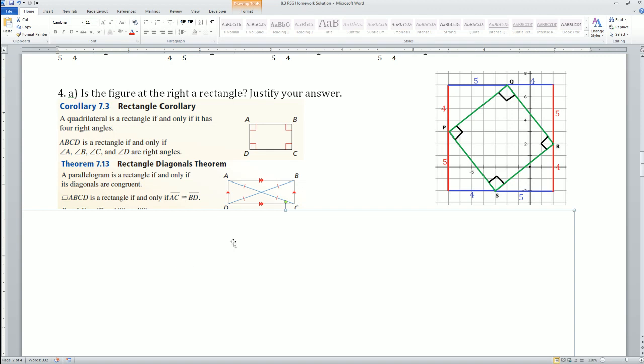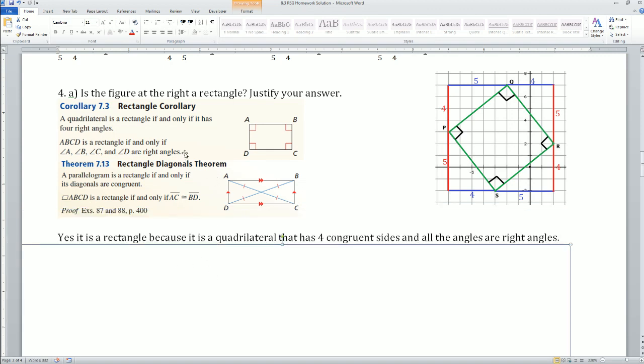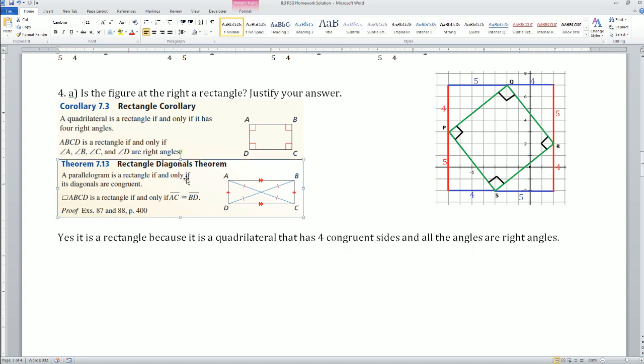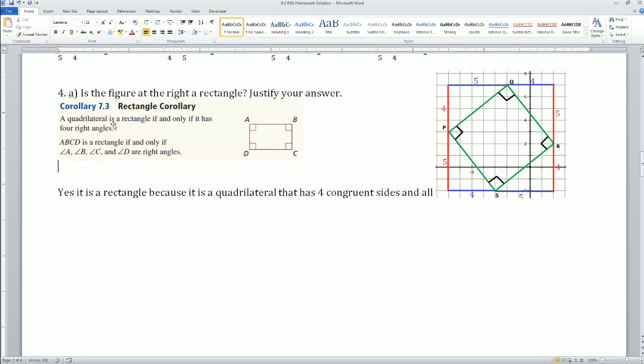Right, so how do I know it's a rectangle? There are two particular theorems, but the diagonal one really doesn't work well for this one because we can't compute the diagonals, so we only use this one. First of all, you have to see if it's a quadrilateral, and you have to make sure it's a right angle.